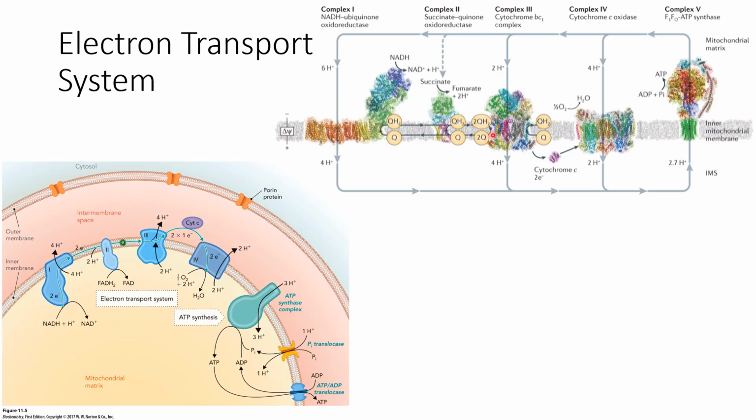Complex 3 has a very complex transport of electrons. It receives 2 electrons from here and 2 electrons from here, and of the 6, only 4 are transported through. 2 of them disappear into this channel here and go over and come out here.